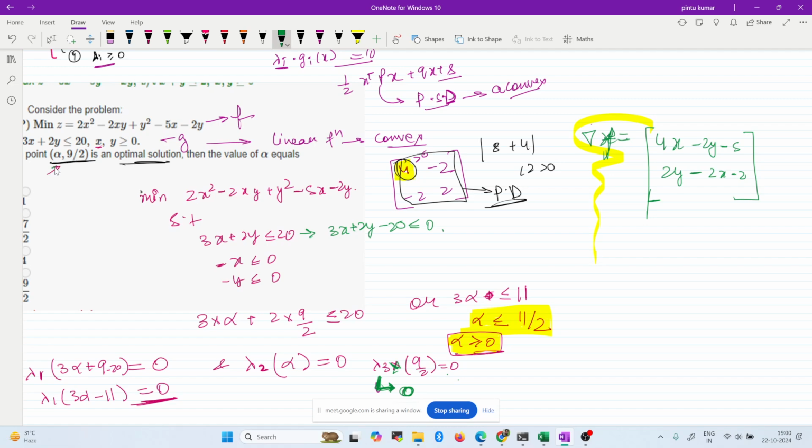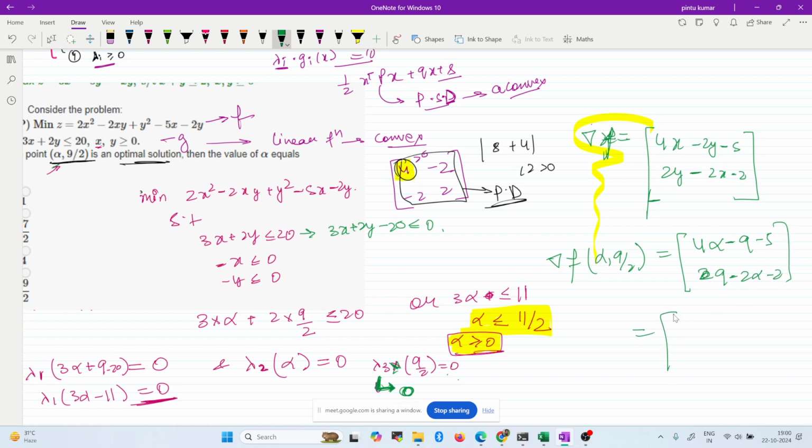Now we know the value of x and y, so let's calculate this at this particular point, alpha comma 9 by 2. So this is 4 alpha minus 9 minus 5, and this is 2 times 9 by 2, which is again 9, minus 2 alpha minus 2.